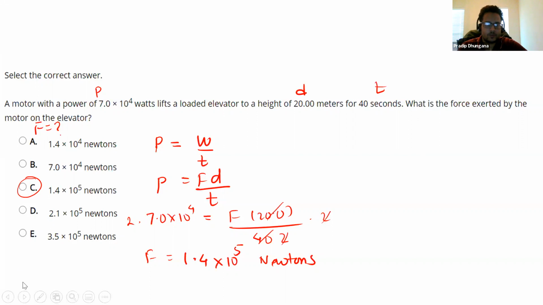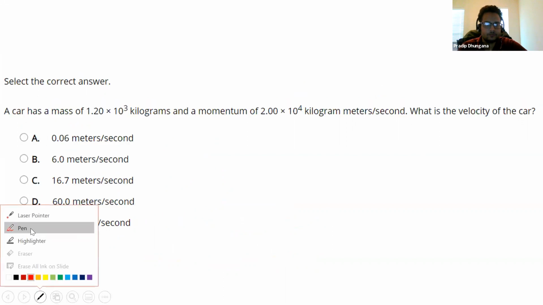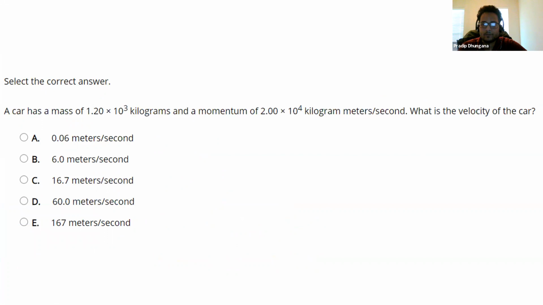Now let's work on the next problem. A car has a mass of 1.2 times 10 to the power 3 kilograms and a momentum P of 2 times 10 to the power 4 kilogram meter per second. What is the velocity of the car? If you remember, momentum is the product of mass and velocity.